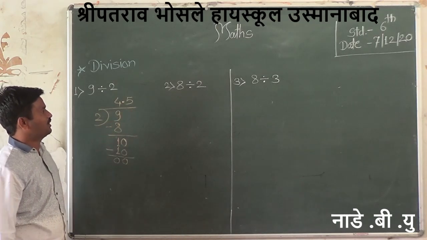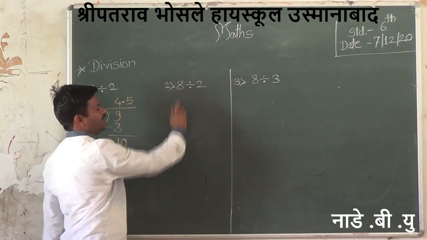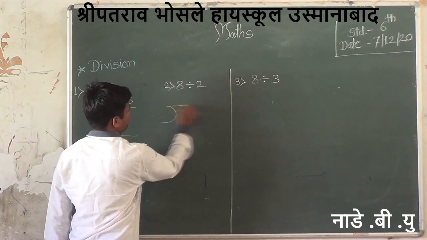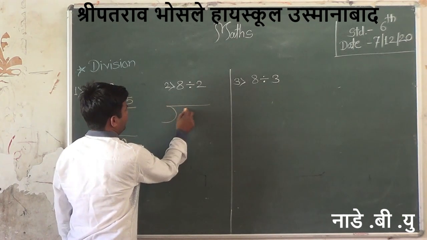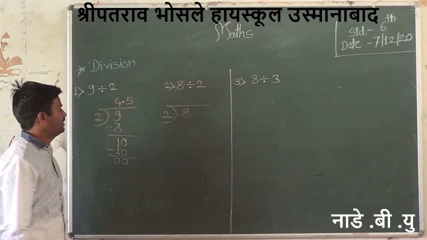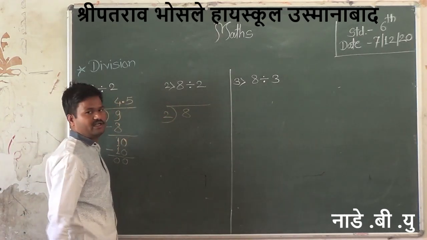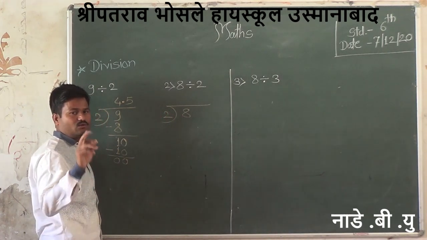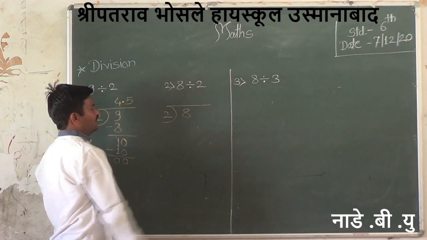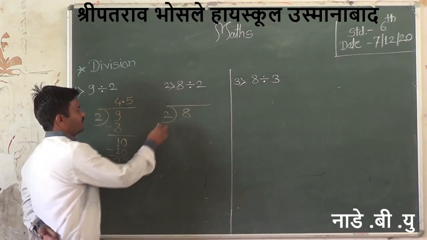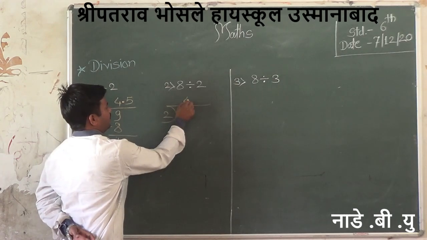The second example is 8 divided by 2. 8 is the dividend and 2 is the divisor. Here 8 is in the table of 2, so we make the parts of 8: 2 fours are 8.